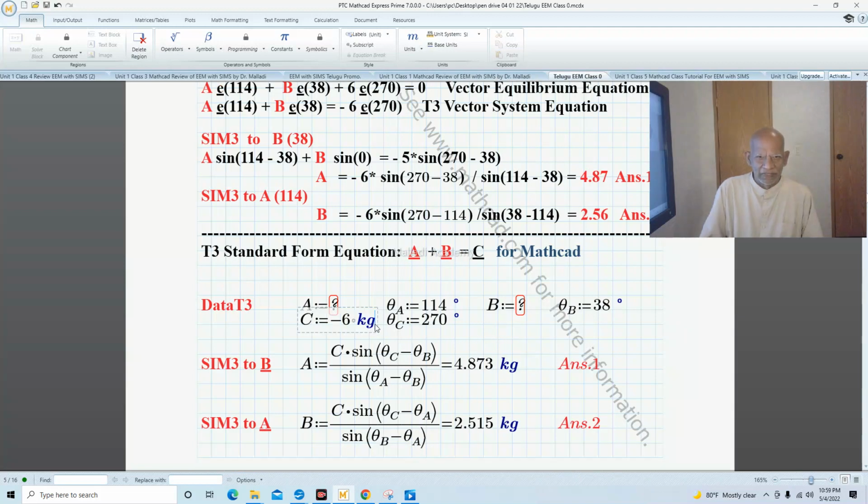Suppose I say this is kg, and suppose I convert it into a force unit. Then this becomes newtons here. Suppose I change this kg into pounds, then it becomes lbf. So that's the advantage.